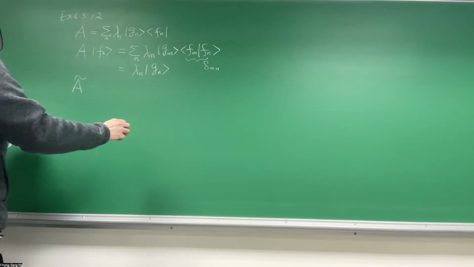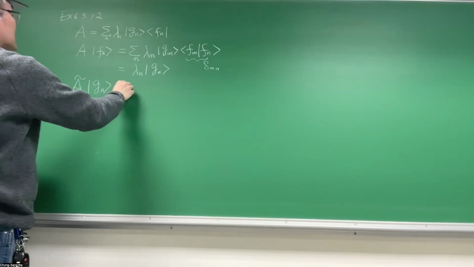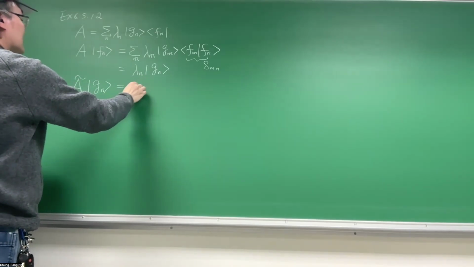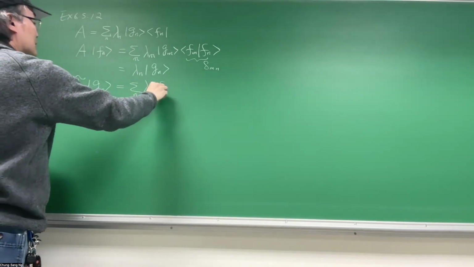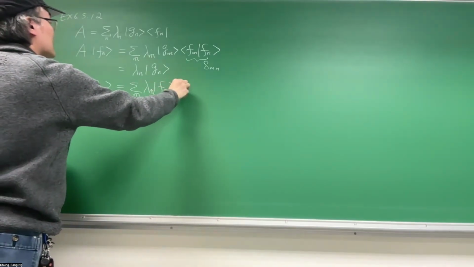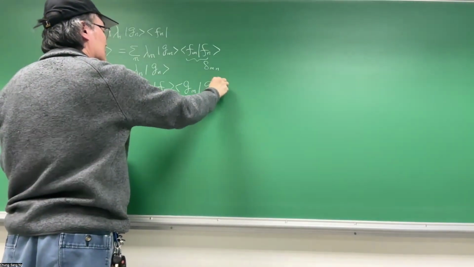So you can say this. Let's say you want to operate on G, right? And then A transpose is changing F and G, with m now changing to n. They operate on G n.